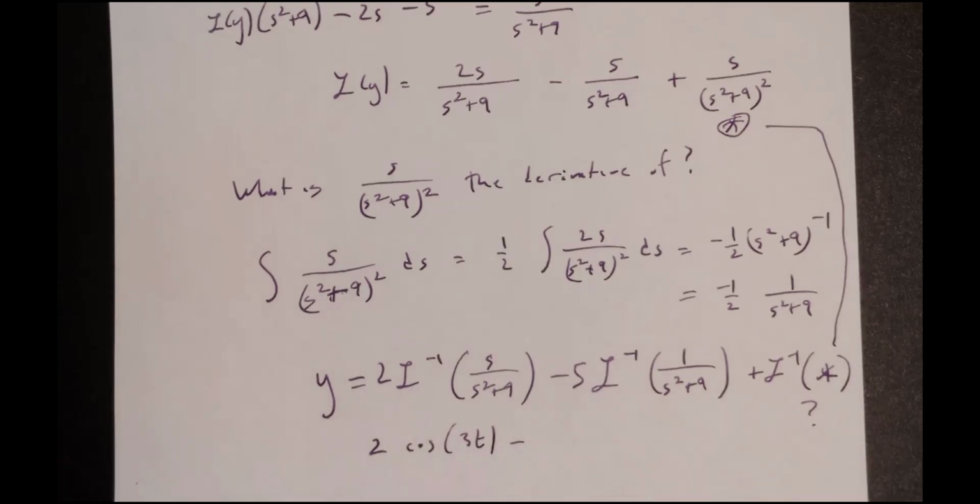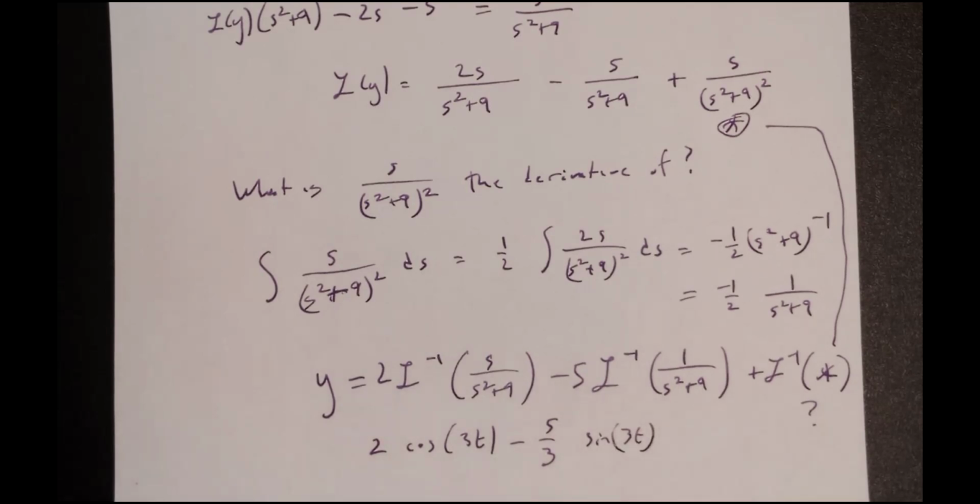What about a number over s squared plus a squared? Except that the number on top isn't a 1, right? The number on top is an a. Means I need a 3 on top. If I have a 3 on top, I'm going to get a 1/3 on the bottom. So I get 5/3 sine 3t.